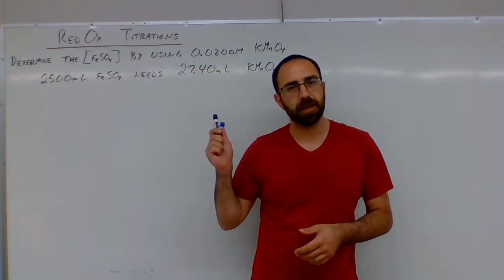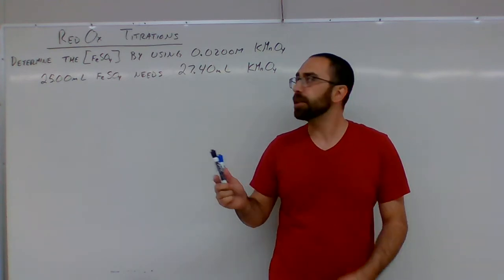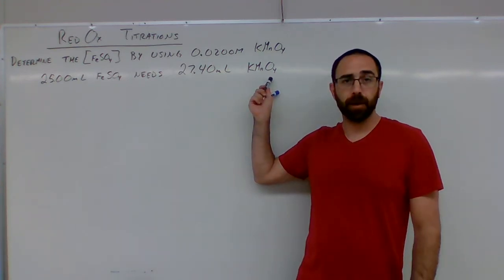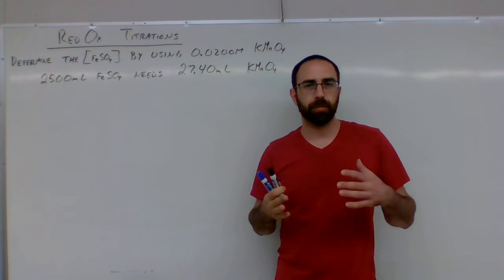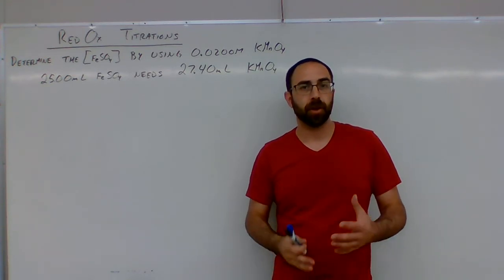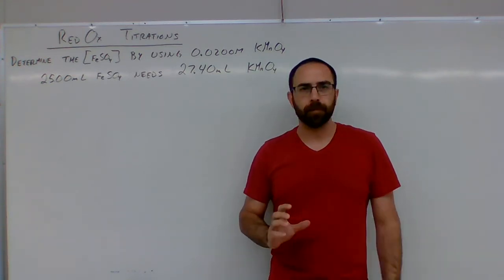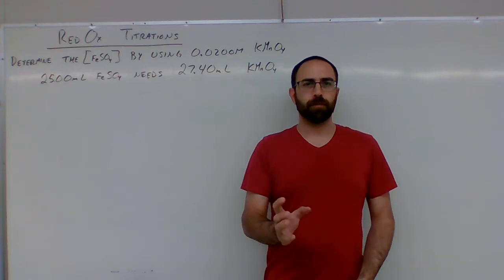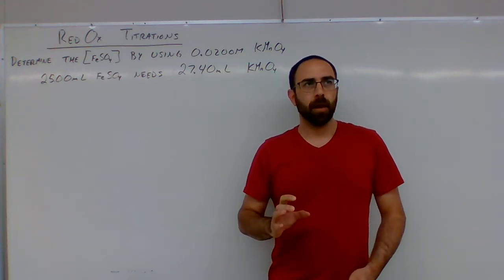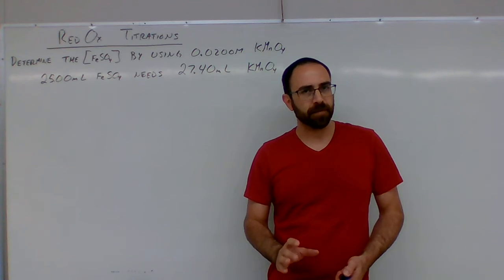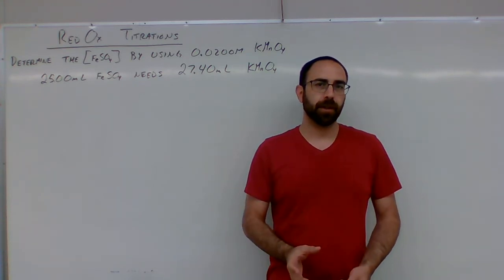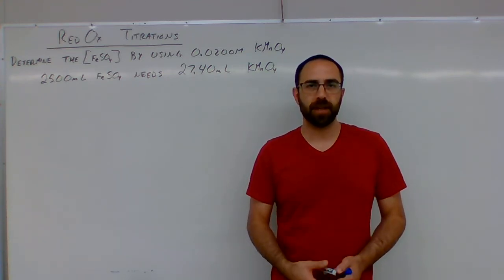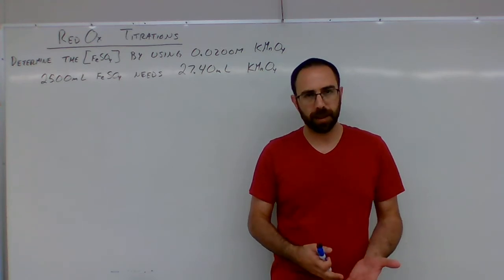When we're dealing with redox titrations, we're usually using KMnO4. This MnO4 minus ion has a very dark, rich purple color. In acidic conditions, this will turn clear once it's fully transformed into Mn2 plus.